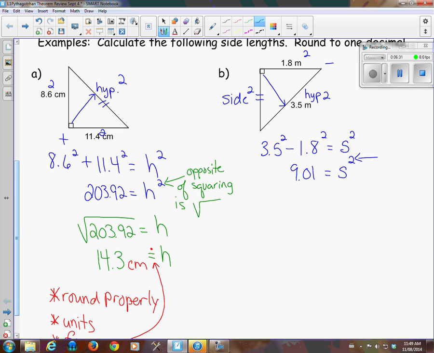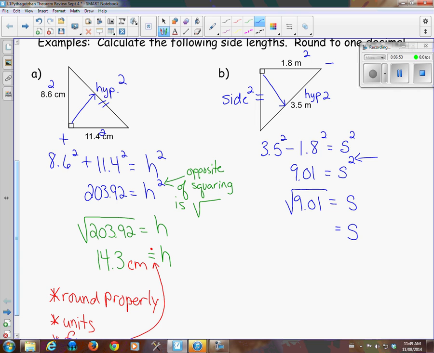And same as before, I don't want to know the side squared, I just want to know the side length. So the opposite of squaring is square rooting. So I calculate the square root and figure out the length of my side. So 3 things in my answer. I want to round properly, make sure I have the units and the form.